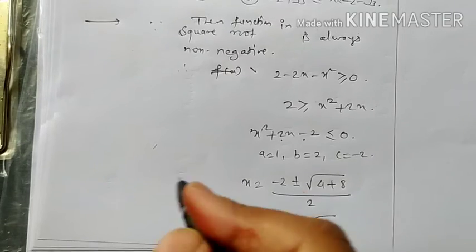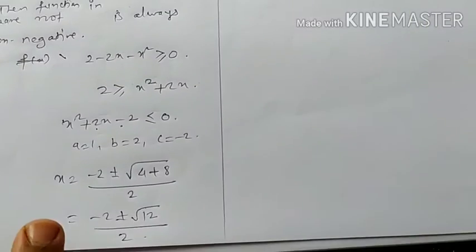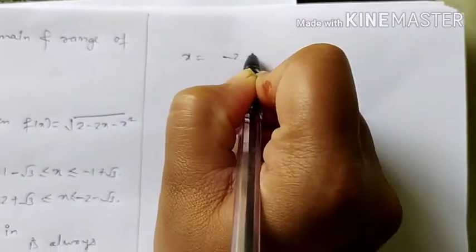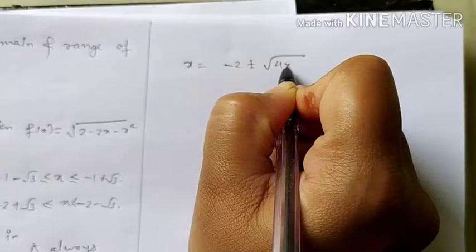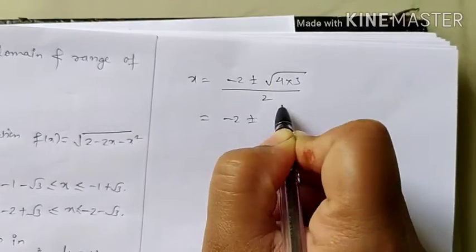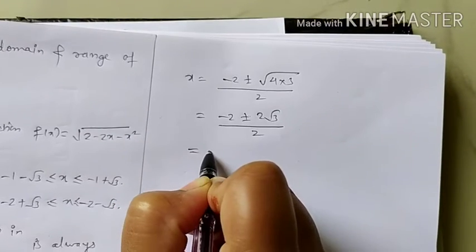So x equals minus 2 plus or minus square root of 4 into 3 upon 2. So minus 2 plus or minus 2 root 3 upon 2. Here we can take 2 common.